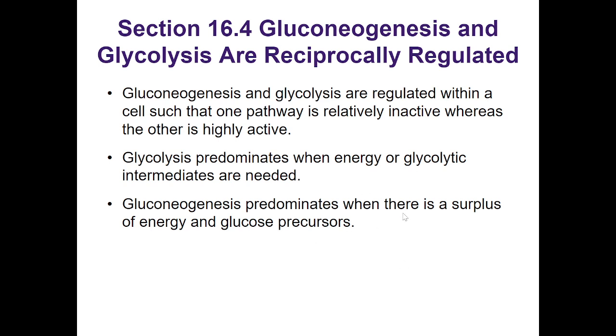So again, glycolysis can predominate when the energy or glycolytic intermediates are needed, when you're low in concentration on those important glycolytic intermediates or energy. Gluconeogenesis predominates when there's a surplus of energy and when you have a lot of glucose precursors, i.e., I could assemble these into glucoses.